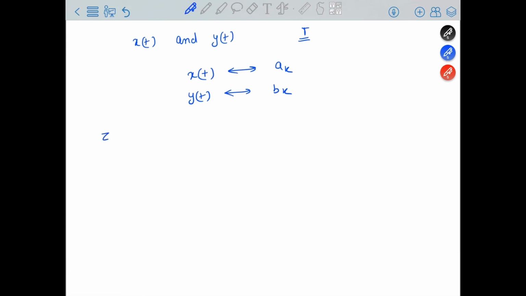So suppose z(t) represents the linear combination of these two signals, and that is represented by a x(t) plus b y(t). So we have multiplied two scalars to these signals and then added them. So the corresponding Fourier series coefficient c_k, which corresponds to the signal z(t), will be equal to a multiplied with a_k plus capital B, that is the scalar, multiplied with the Fourier series coefficient of y(t), that is b_k.